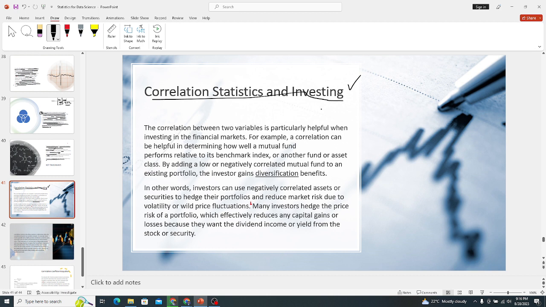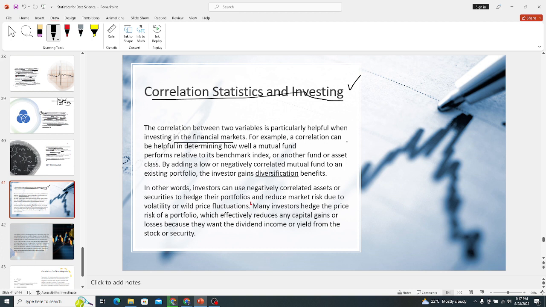Sorry if I'm too into finance, but you can always give me your field of work, and we can come up with your own examples or applications. The correlation between two variables is particularly helpful when investing in financial markets.